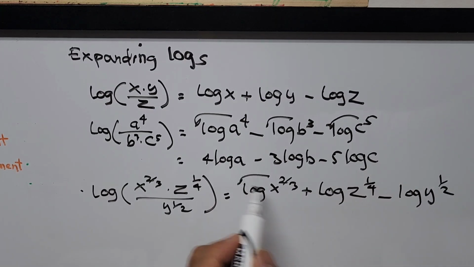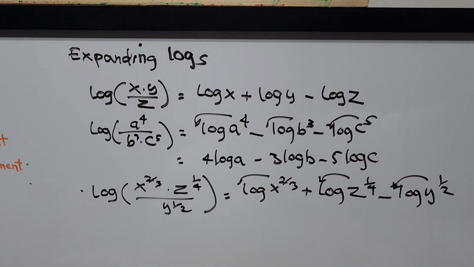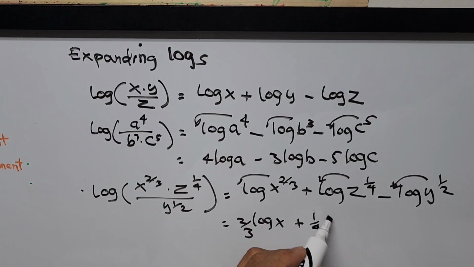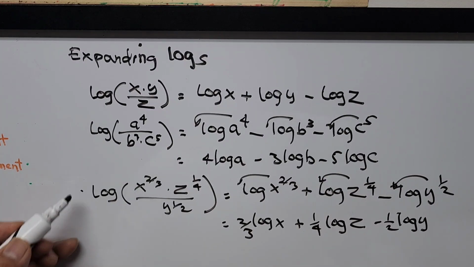Here we bring those exponents to the front. All right, so that's the logarithm power rule. So we have 2/3 log of x plus 1/4 log of z minus 1/2 log of y. So that's how we do that.